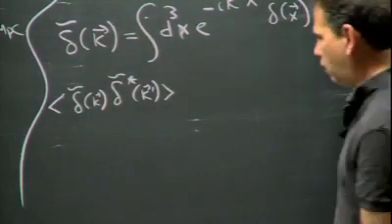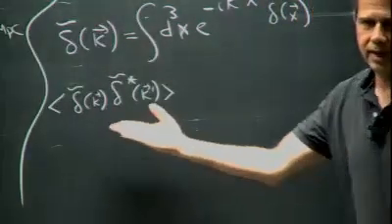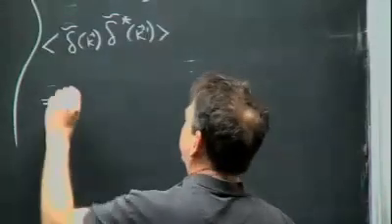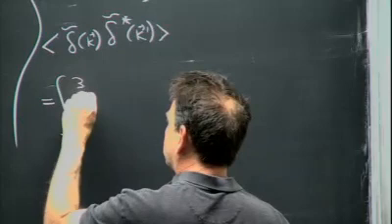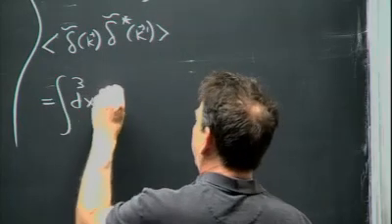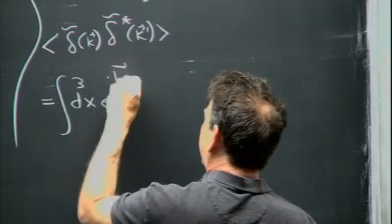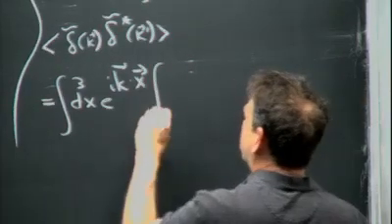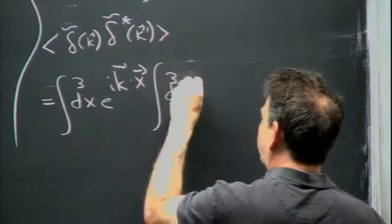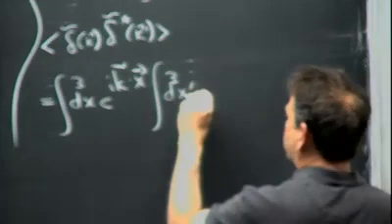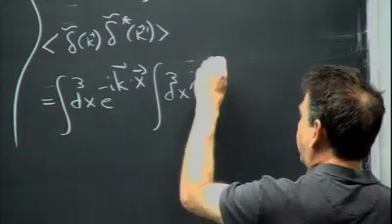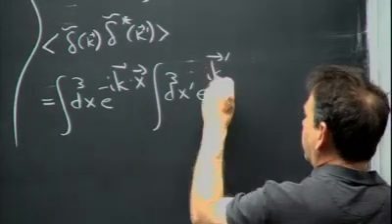Okay. So we can do this now. Let's carry out this 2-point function. All right. So this is the integral d^3x e^(-i k·x), and then the integral d^3x prime. I took the complex conjugate, so it's e^(+i k'·x').